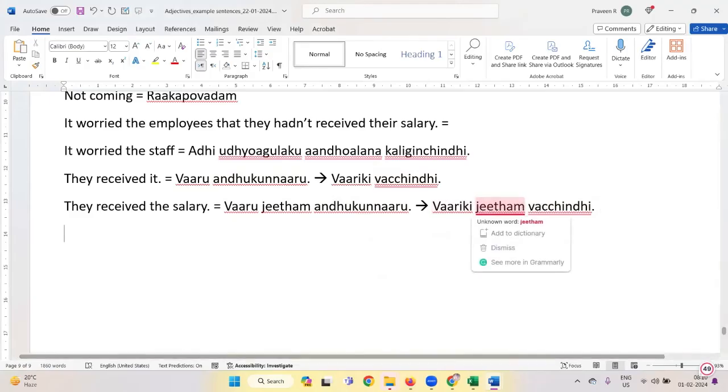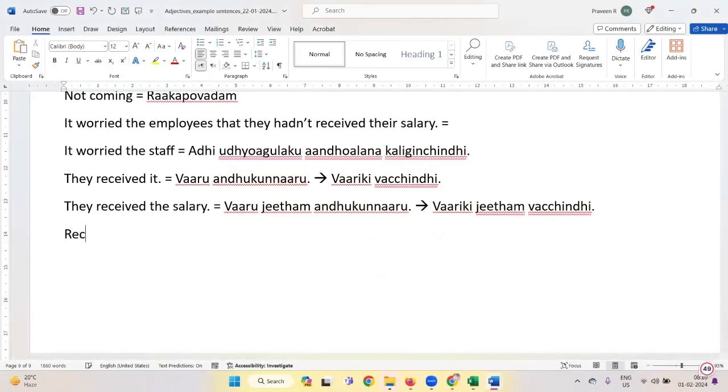Now again, when we are giving a reason, we need to convert this into a gerund form. Receiving, gerund form: Andukovadam. This is the gerund form. But in the spoken language, it will be ravadam, like the meaning of coming.